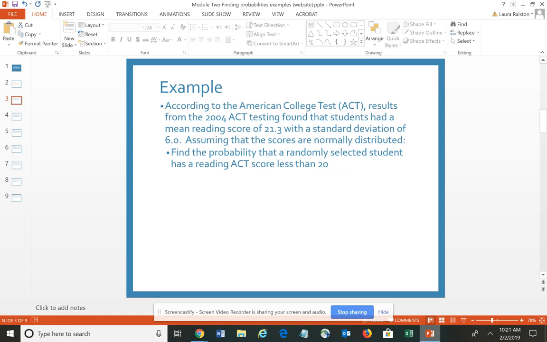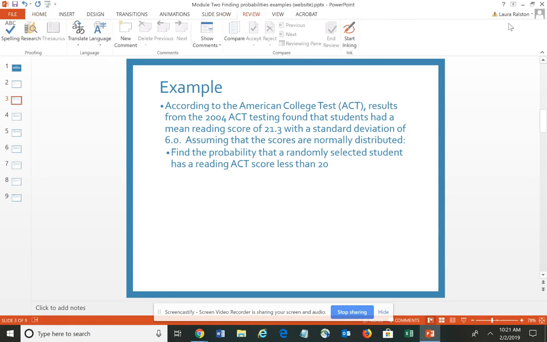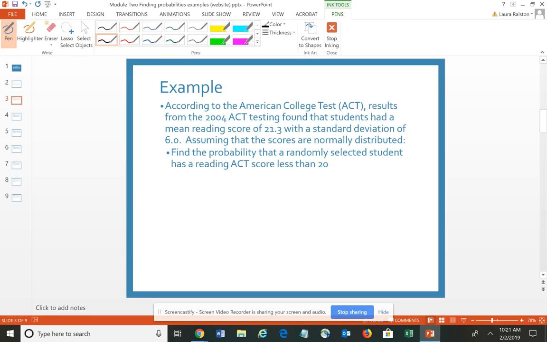The first example says, according to the American College Test, results of the 2004 ACT testing found that students had a mean reading score of 21.3 with a standard deviation of 6. Assume that the scores are normally distributed. As you begin reading through these problems, there's really three things you have to know.